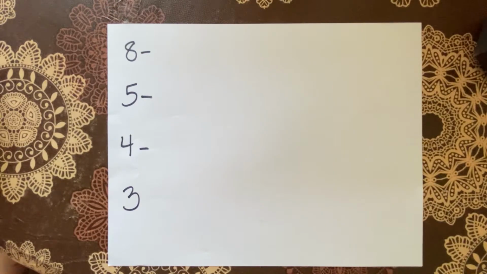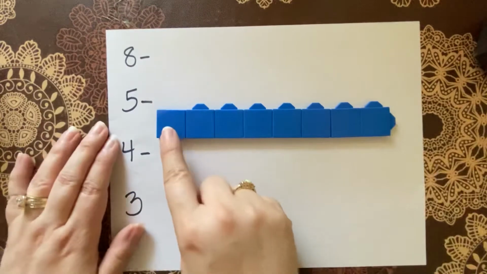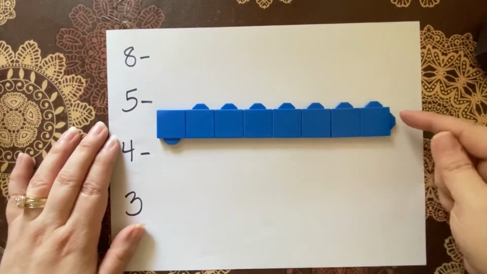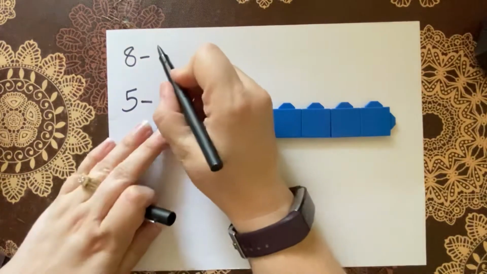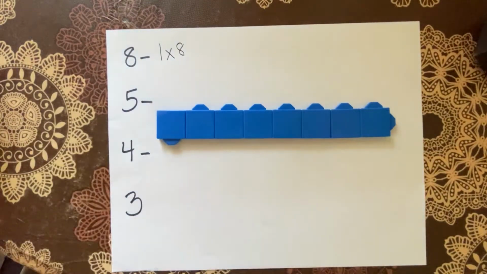So first I want to think about the number 8. Well, I made the arrays for 8. 1, 2, 3, 4, 5, 6, 7, 8. So this is an 8 by 1 array. So I can say 1 times 8 for this array. Then I was able to make, oh no, I lost the other part of my array.